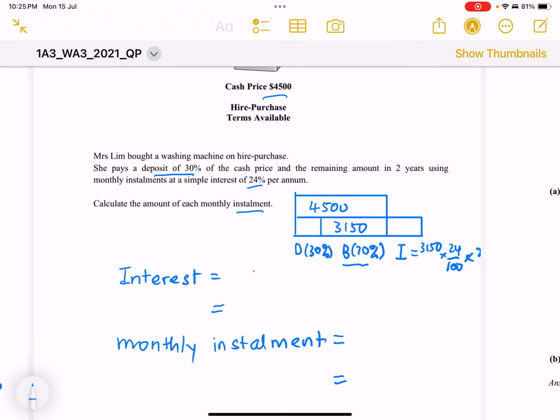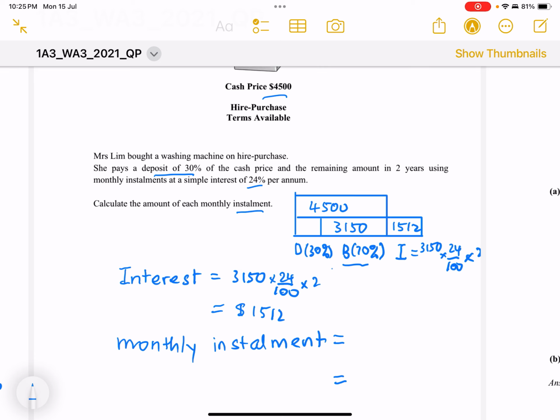Okay, so we'll calculate it here, which gives us 1512.